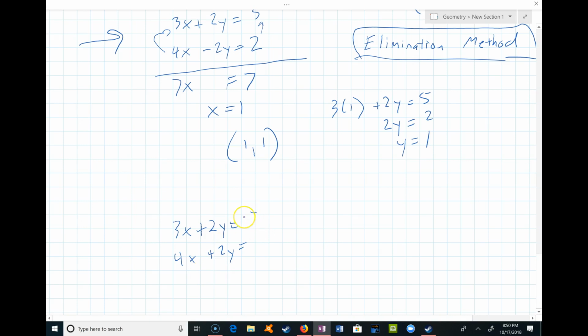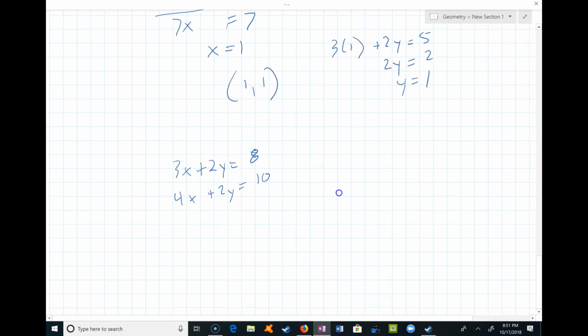Let's change this. 3x plus 2y is equal to 8 and 4x plus 2y is 10, right? So in this case, if I add them together right now, I would get 7x plus 4y equals 18. And it didn't do me a bit of good because I still have an x and y in my equation.